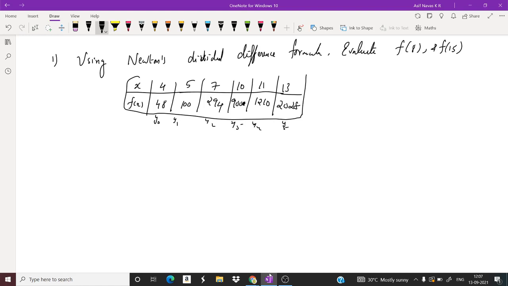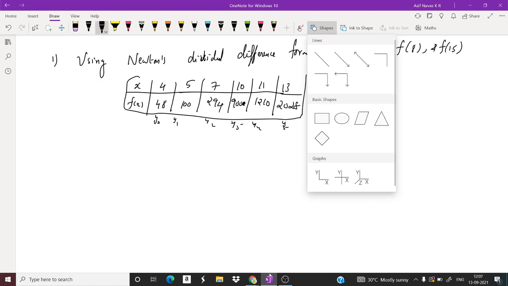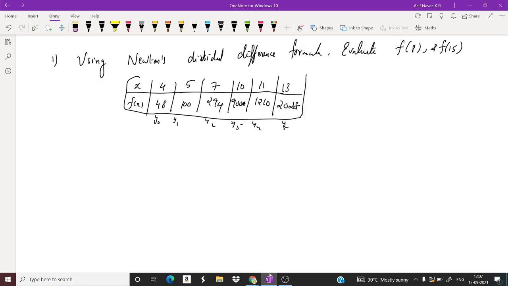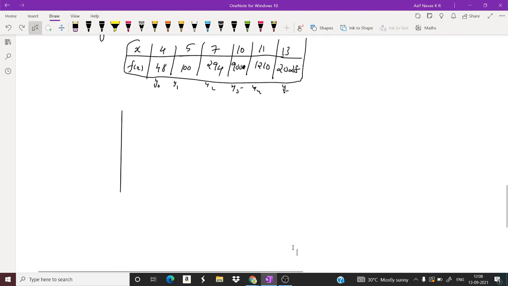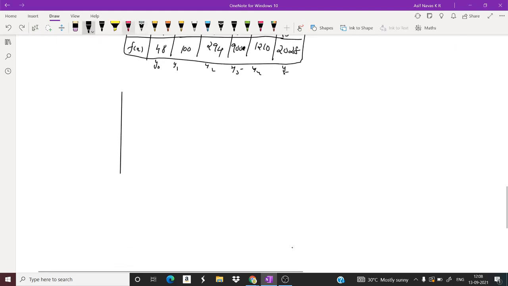So first what we will do is draw the difference table, then it will be very easy. The table is the solution.